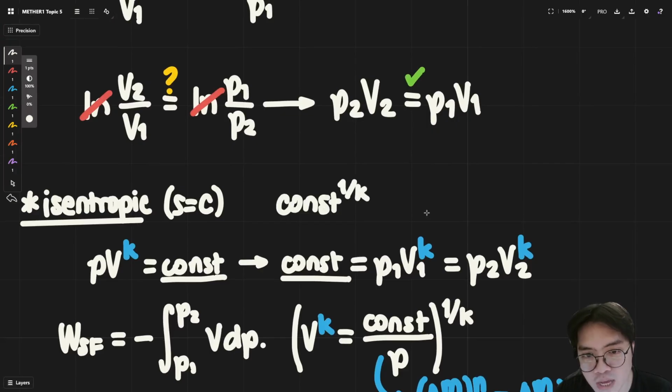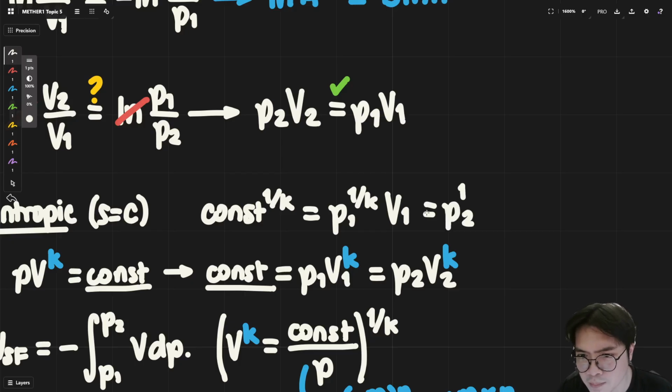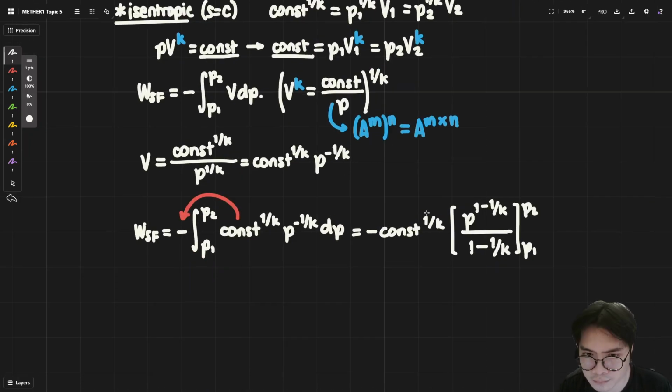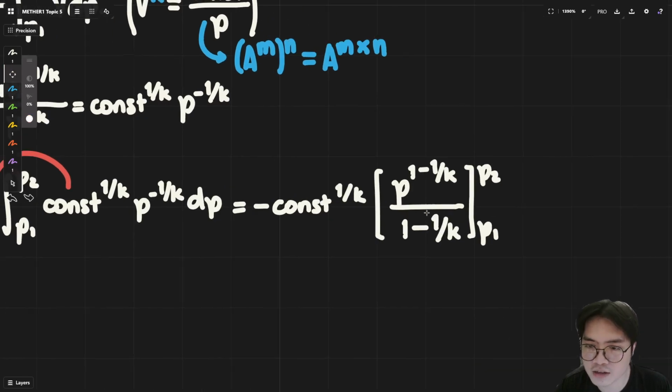What if you raise everybody to 1 over k? You'll have P1 raised to 1 over k, and notice that your V1 is raised to k, and then you raise it again to 1 over k, it will cancel out. Very interesting. P2 raised to 1 over k times V2. Now at the very least I understand why I need to keep the 1 over k. Now what? There's another thing in here that we can do.